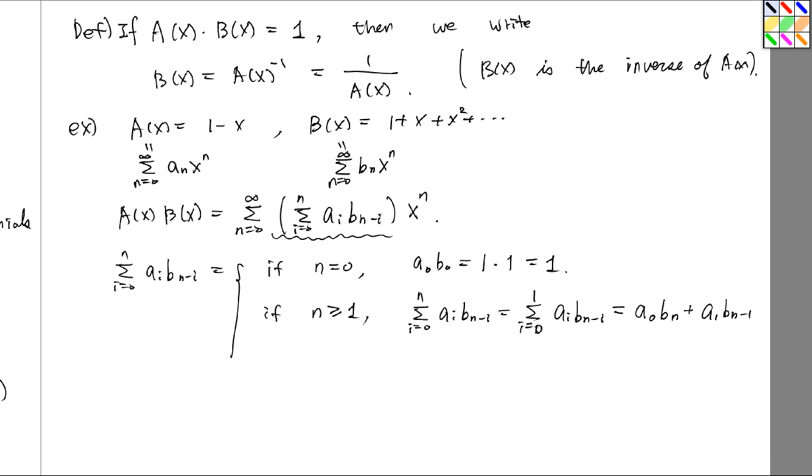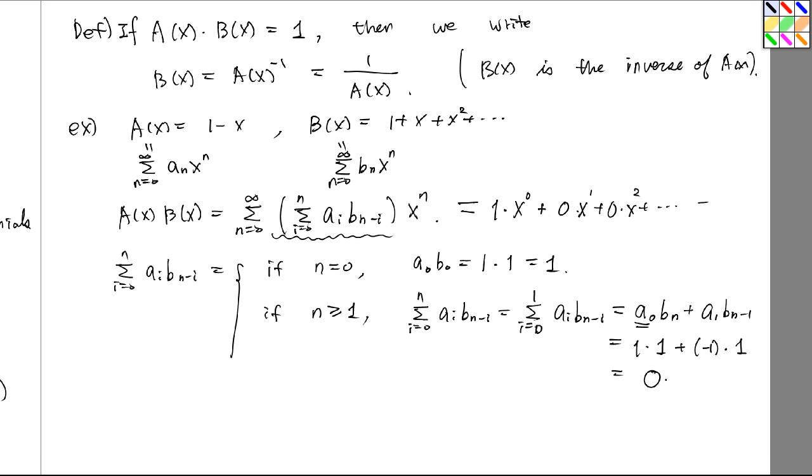But we know that this is 1 times b, and b is always 1, and a_1 is minus 1, b is always 1, so it's going to be 0. So the coefficient is 1 when n equals 0, and when n is at least 1, it's always 0. It's 0 times x squared, all 0, so it's just 1.